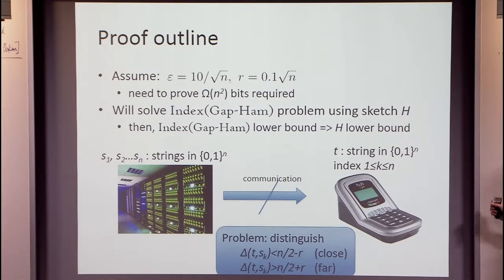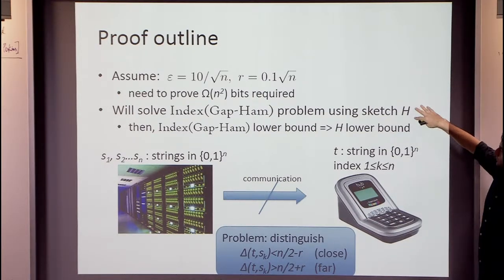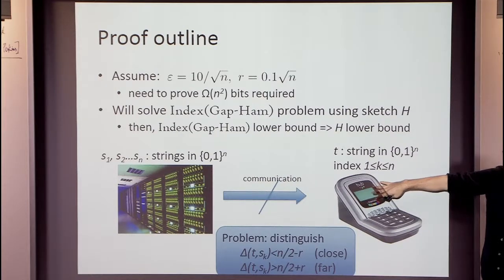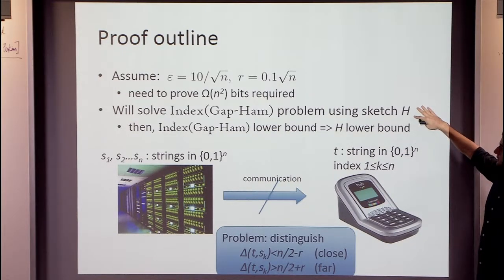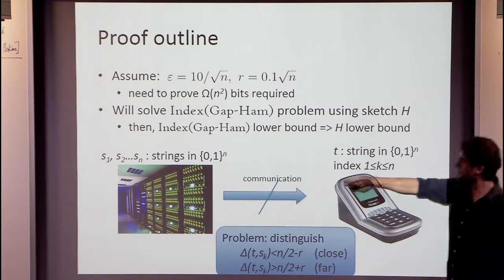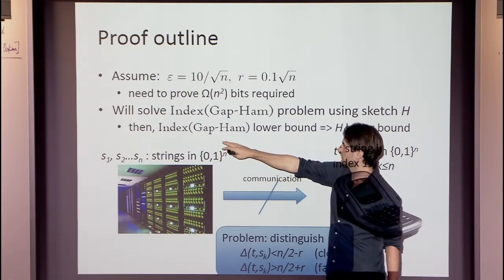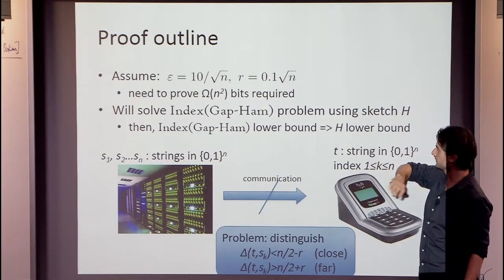So what we'll do is show how to solve this communication problem, assuming that we have a solution for the cut sketch problem, and a lower bound on this problem, which I'm calling index gap Hamming.